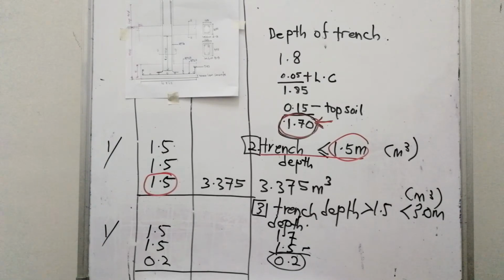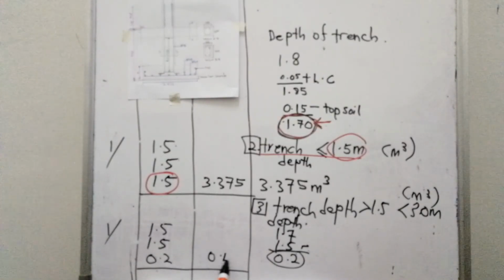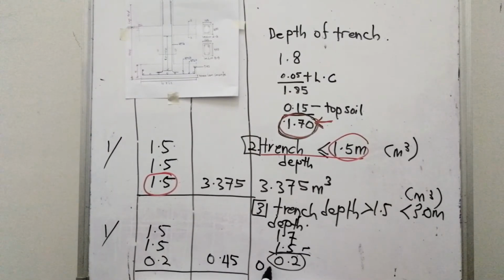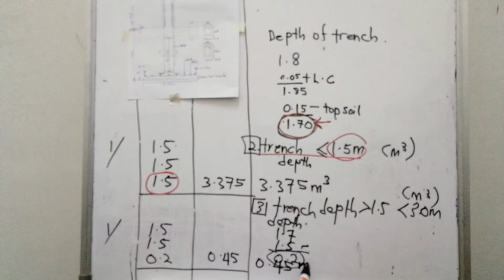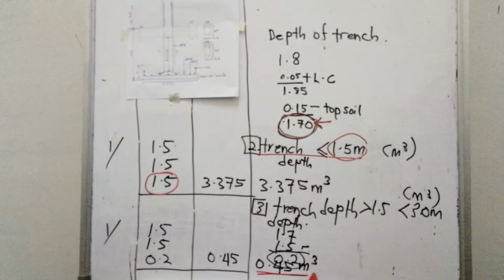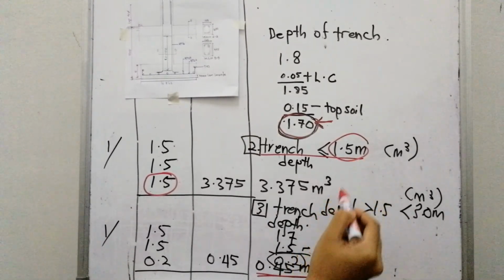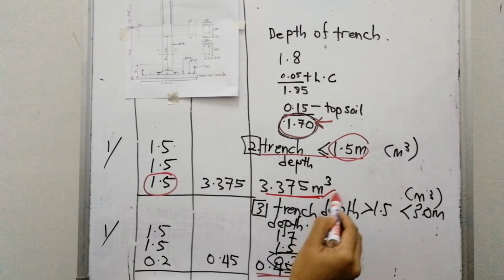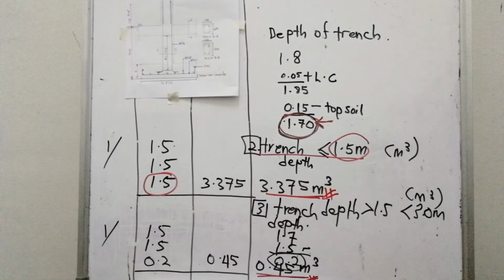You will get the value 0.45 cubic meter. This is the volume of soil. So you have already done the calculation for the excavation work.